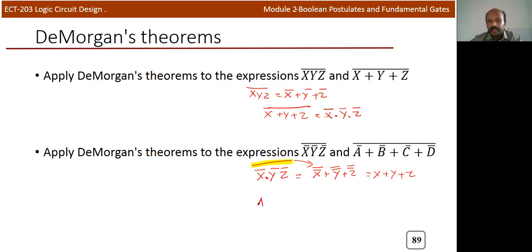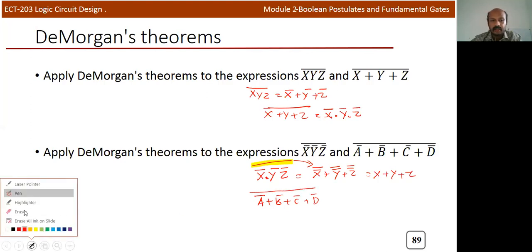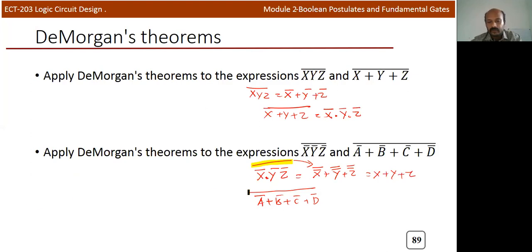And similarly, we can try the next question also. A bar plus B bar plus C bar plus D bar the whole bar. Again, we need to take the complement of the entire expression. So we apply DeMorgan's theorem for this particular complement. Here you can see the variables are already A bar, B bar, C bar, and D bar.